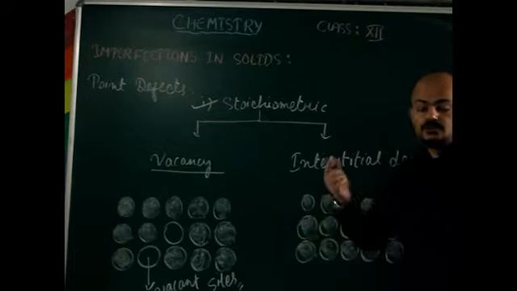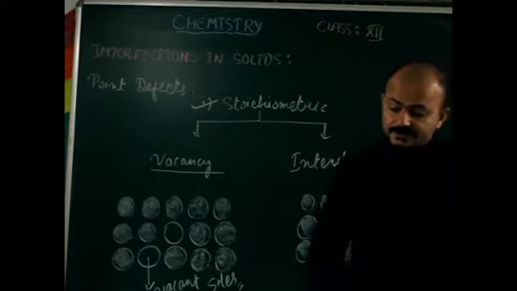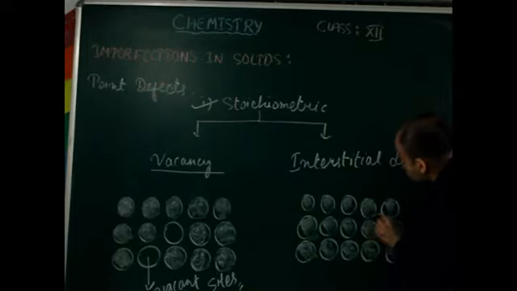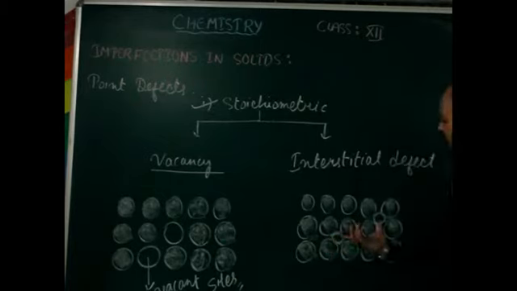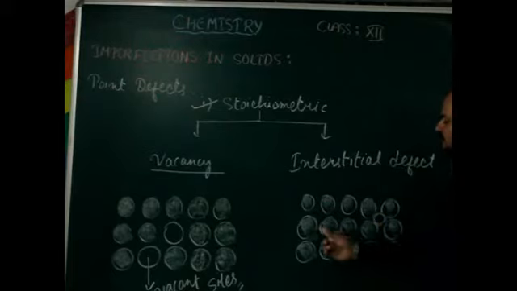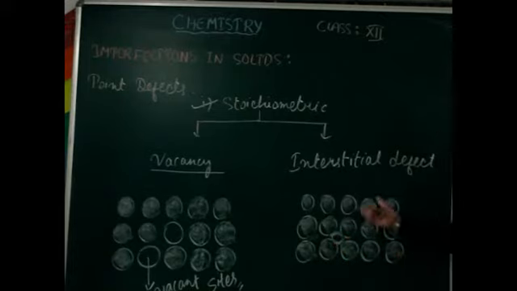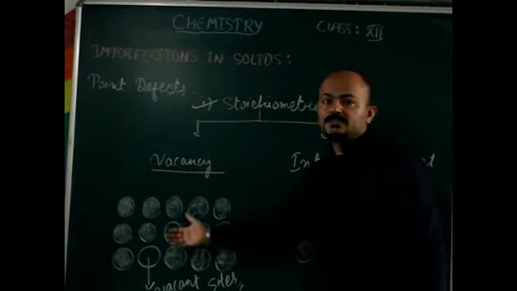Now these positions will be occupied by some other constituent particles. Like this position is occupied by some other constituent particle. Now this position could be occupied by some other particle. Since these interstitial positions are occupied by constituent particles, such an arrangement gives rise to interstitial defect. Okay? So, hope this is clear now.